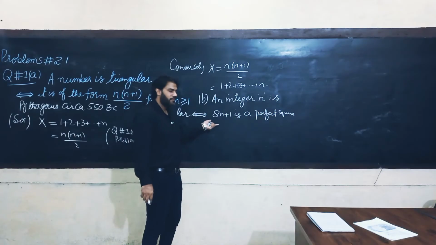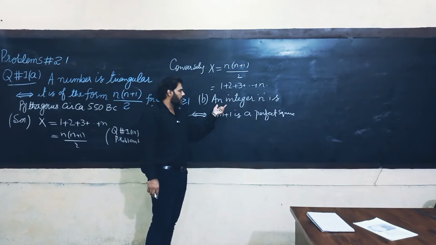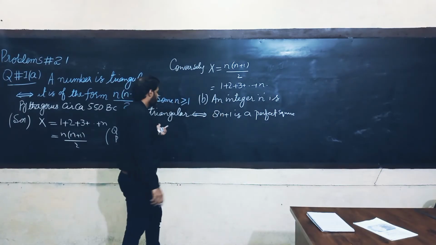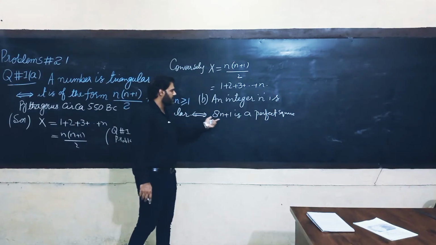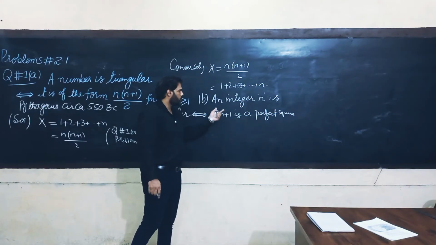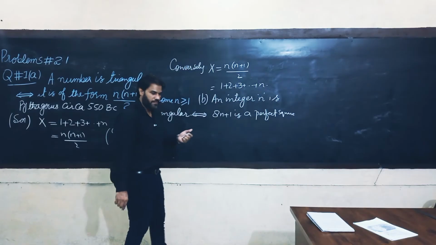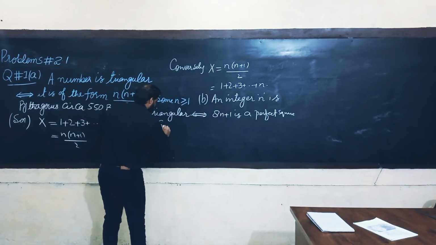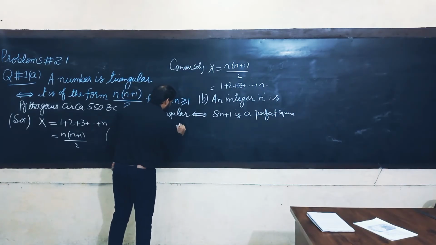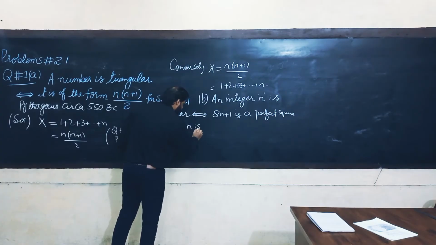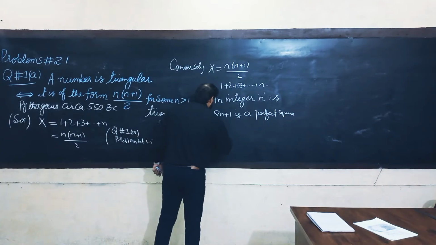In this question, we have to show that an integer n is triangular if 8n plus 1 is a perfect square. We suppose n is a triangular number.